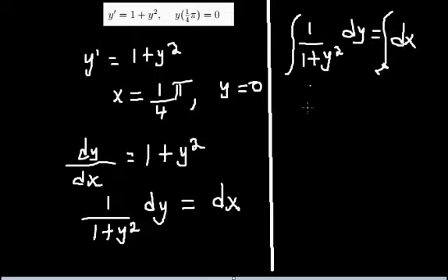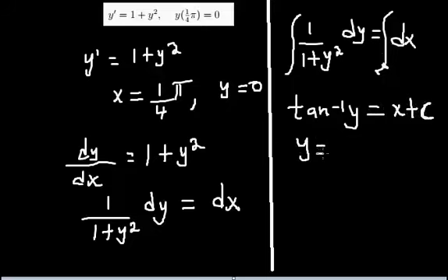So this is going to give me tan inverse of y, and of course if I integrate 1 dx, that is x, then I'll bring on the c. All right, so from here now I can simply say that y is equal to the tan of x plus c.